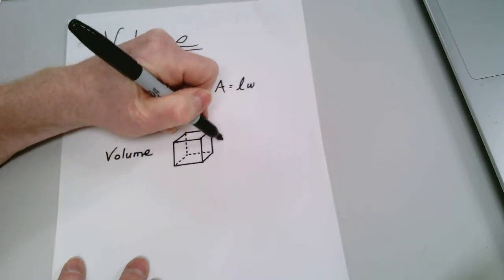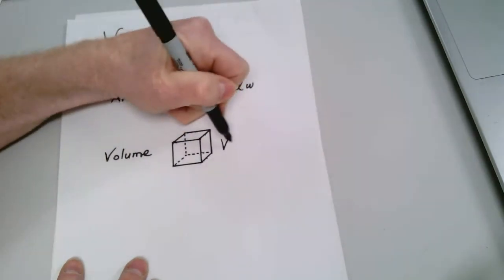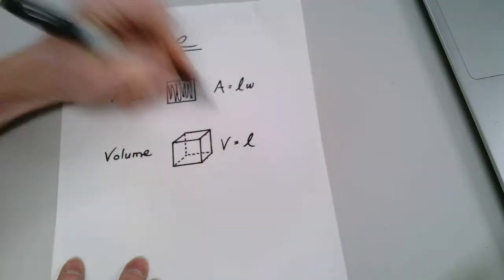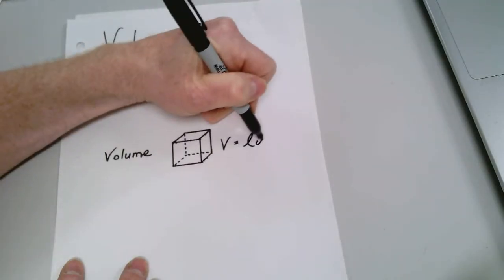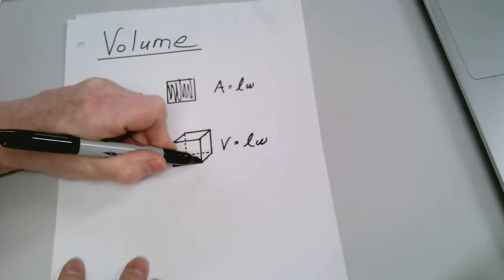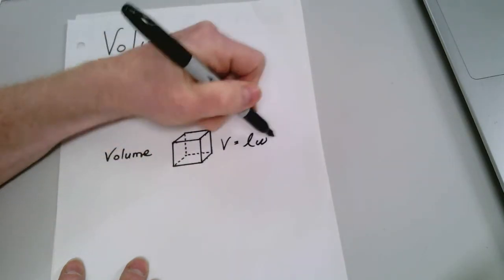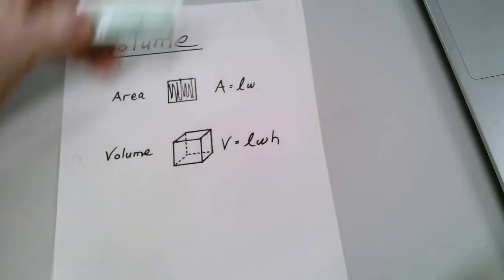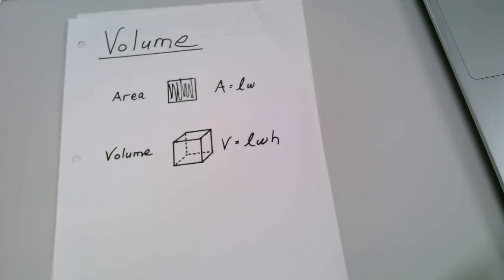So our formula would be V, no surprise, equals length times width, and now we have the extra dimension height, so times height. So that's actually our formula for calculating the volume of a rectangular prism.